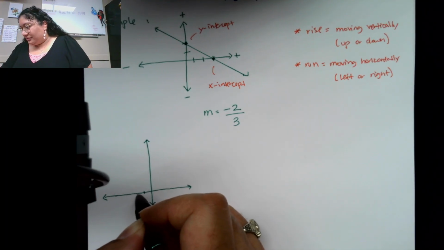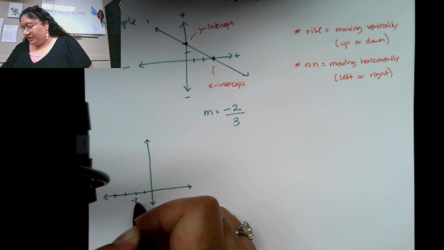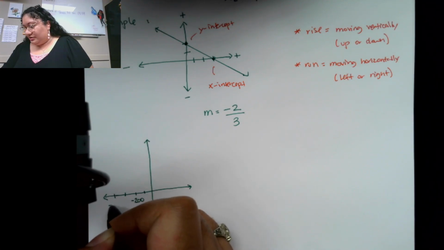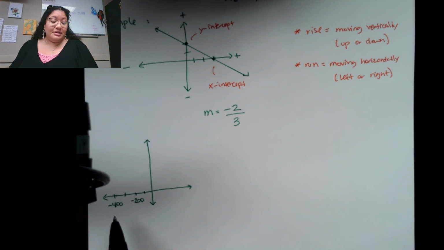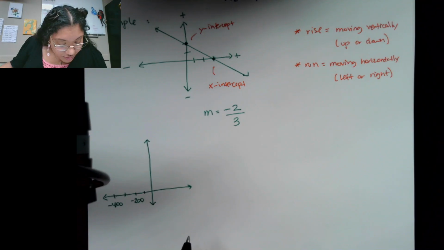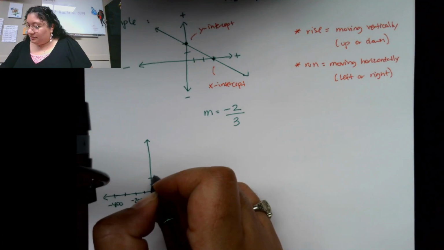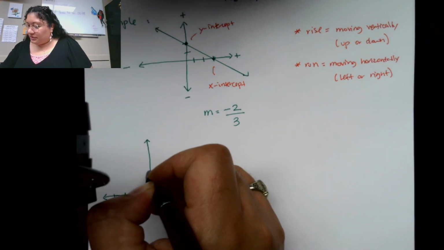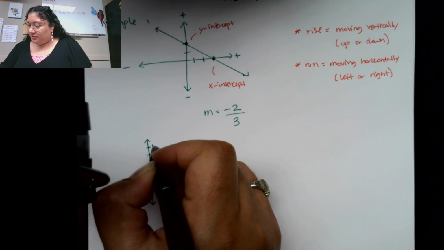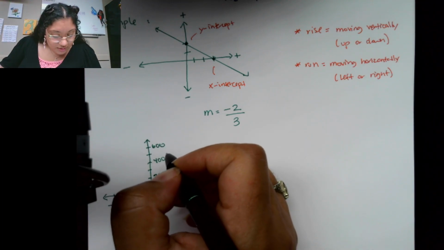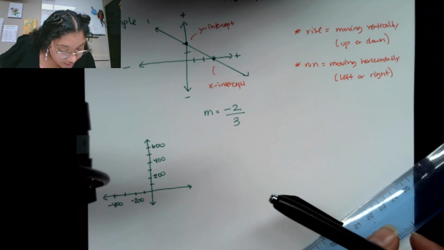So, okay, look at the numbers that I'm writing. They are large numbers. Okay, I got negative 200 and I got negative 400. And then I'm going the same way. Okay. And I'm going to make mine go.